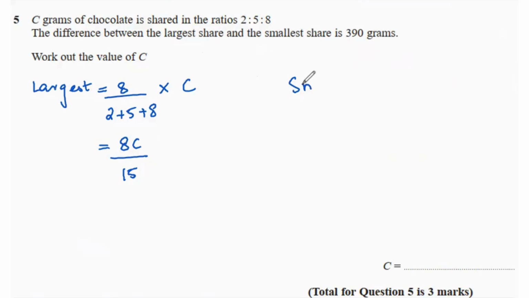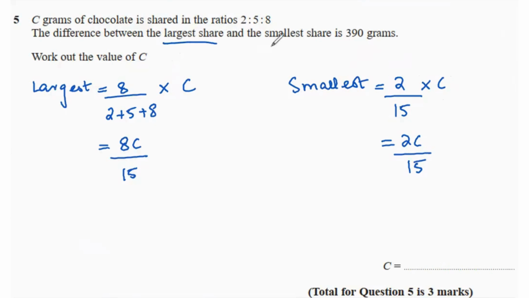Now we find an equation for the smallest share. That's going to be 2 over 15 times C. So that's 2C over 15. They're saying the difference between the largest and the smallest share is 390 grams. So 390 equals 8C over 15 minus 2C over 15.